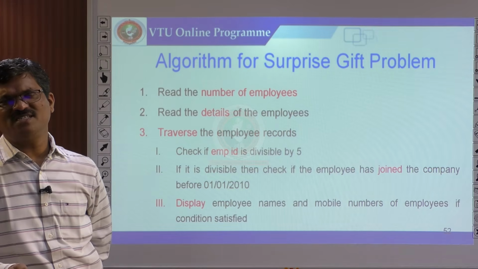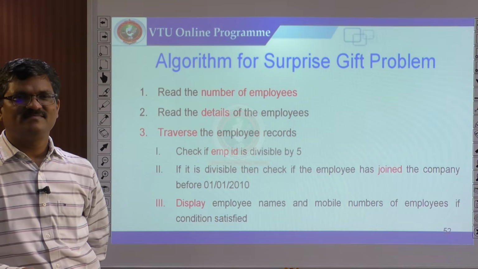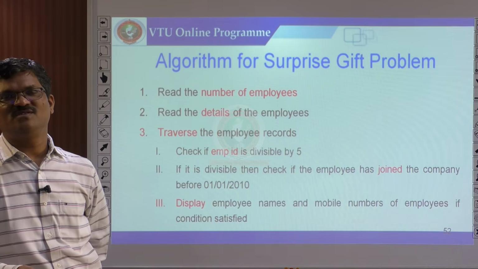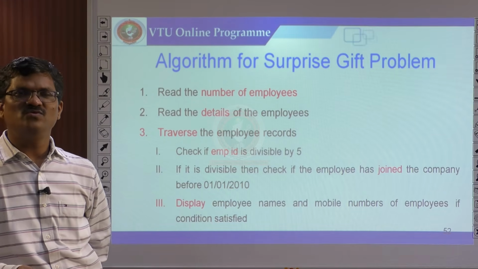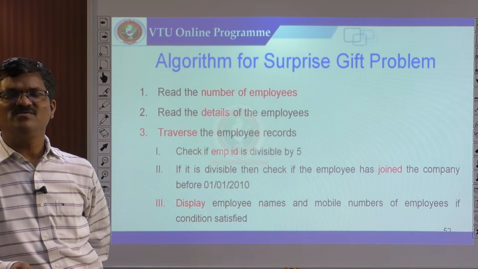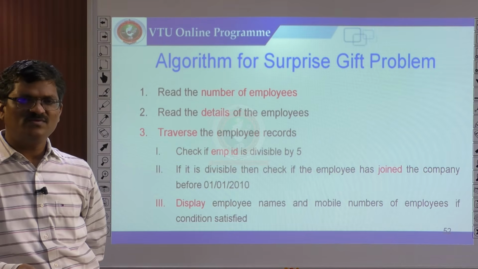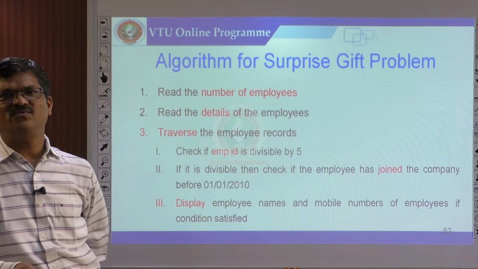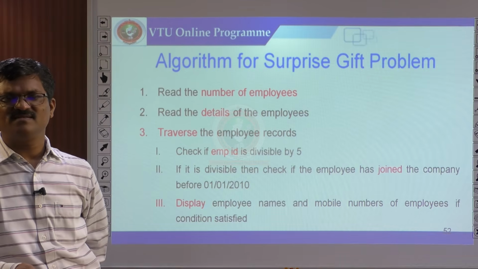Once you have all the details of the employees, traverse the employee records, checking the employee ID to see whether it is divisible by 5 or not. If so, you consider it, otherwise you can discard. The second condition to check is whether his join date is before 1/1/2010 or not. If so, you consider him, otherwise you can discard.